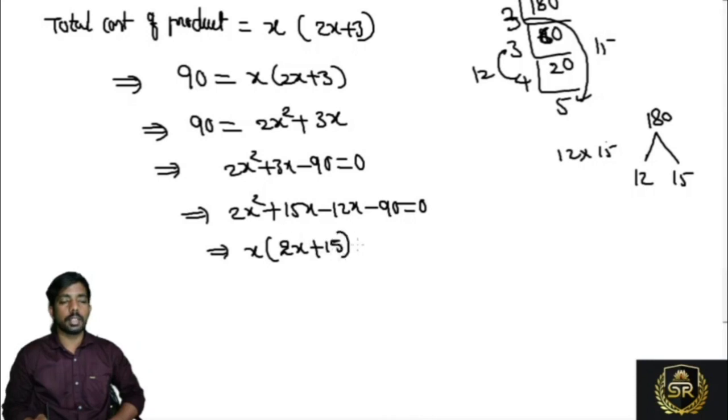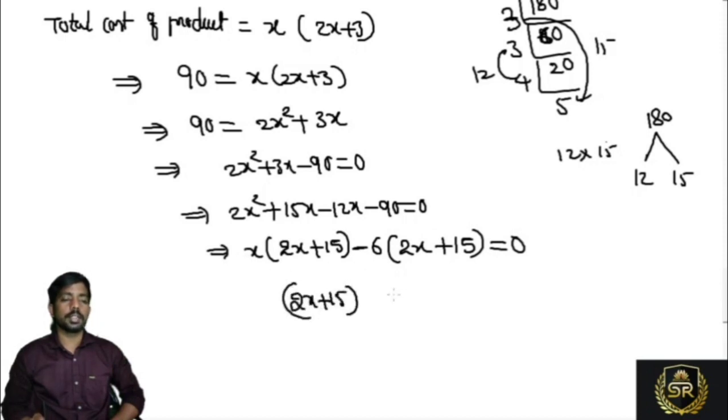Minus 6 we take common, remaining 2x, and the minus becomes plus because we took a negative common, so in place of 90 you get 15. Here 2x plus 15 is common, and x minus 6 remains, equals 0.